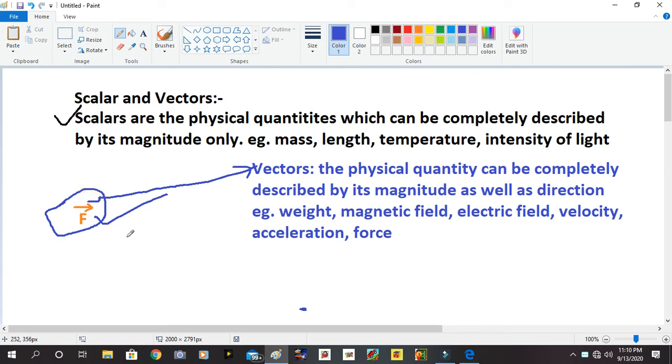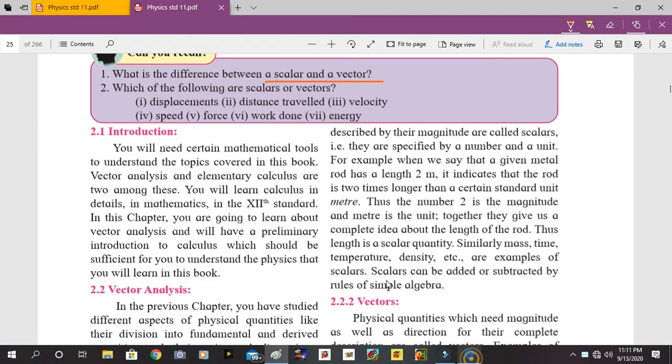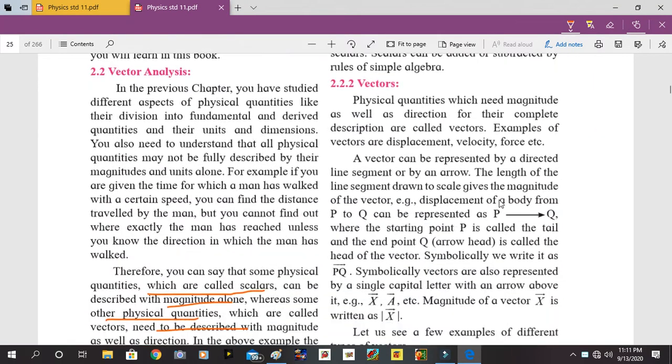So if I write this in a modulus, F modulus, then this will give the value of force that is going to be applied. So magnitude should be written in a modulus sign so that we can get the magnitude only. That is what is given here in the textbook also.